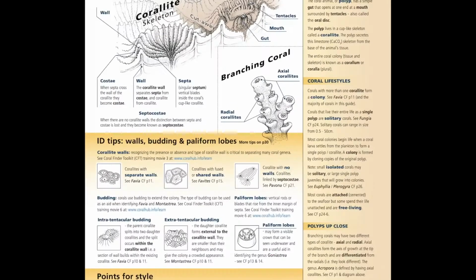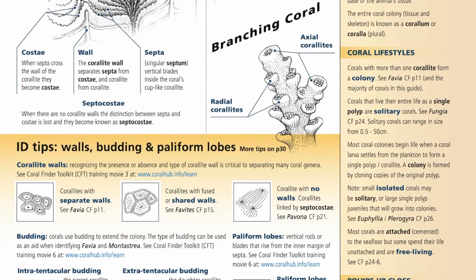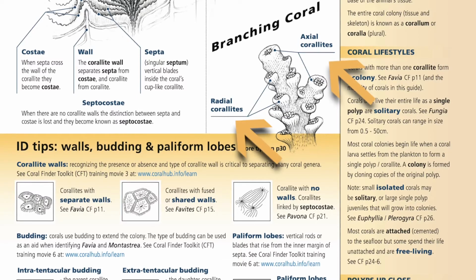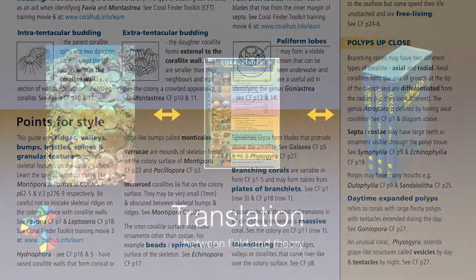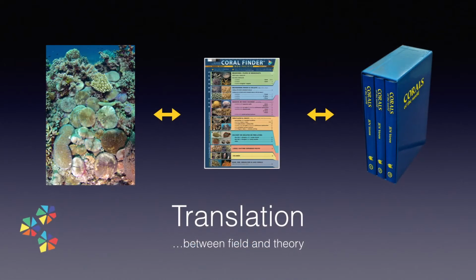Note: if you read the glossary page, you will see there are some extra terms we didn't cover in the previous movie. We will use them in later movies to solve certain problems associated with different key groups. The beauty of the Coral Finder system is that it is very visual, and it uses the least number of terms and concepts to get the job done.